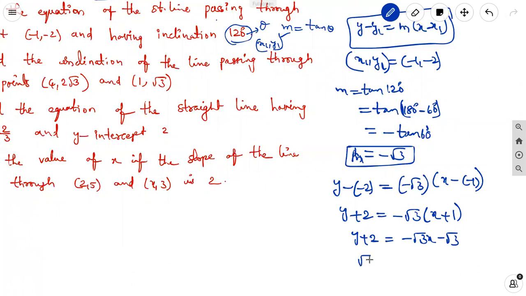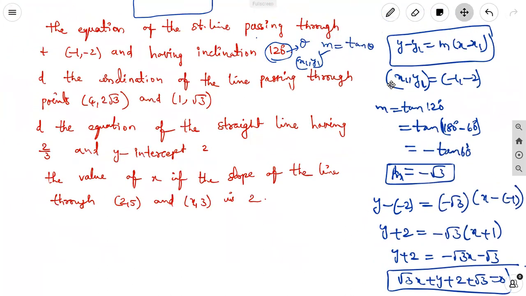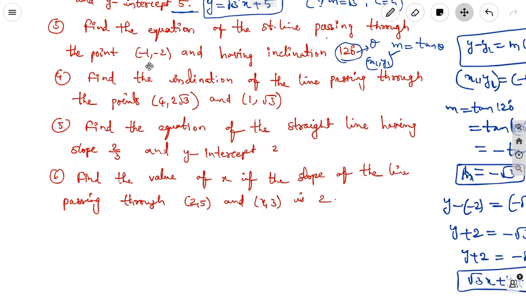Taking to the left side, root 3 x plus y plus 2 plus root 3 equal to 0 is the required straight line equation, which has the inclination 120 degrees and point x1 comma y1 is -1 comma -2.